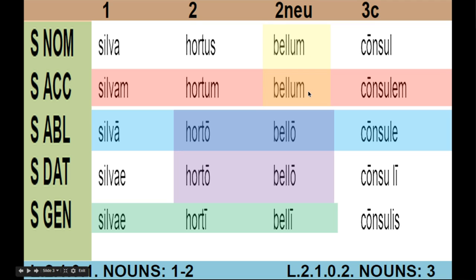They both end in M. And then you also have a nice block of AE right here. Silva, silvam, silva, silvae, silvae. Hortus, hortum, horto, horto, horti. Bellum, bellum, bello, bello, belli. Consul, consulem, consule, consuli, consulis.